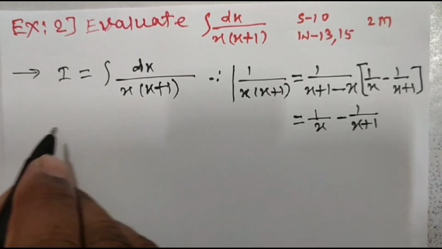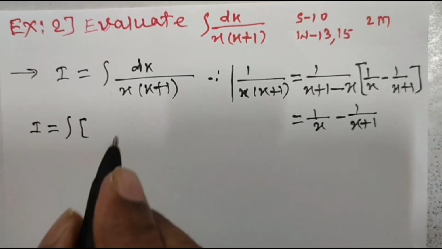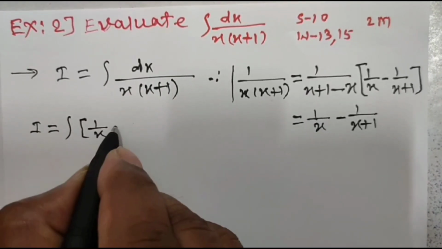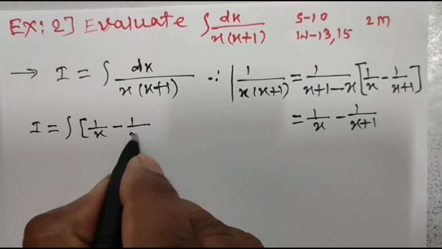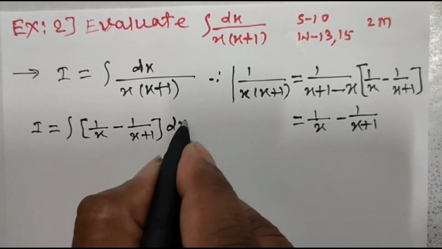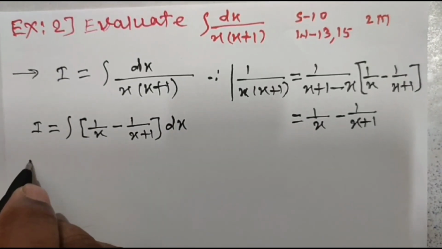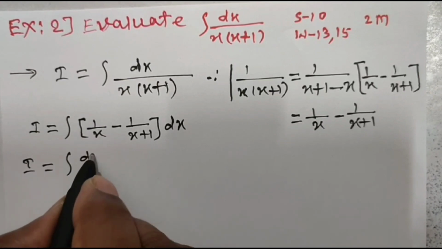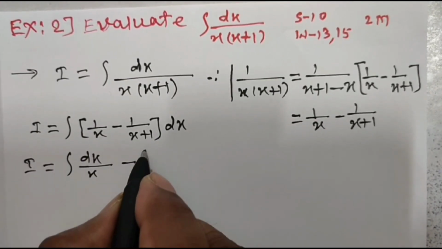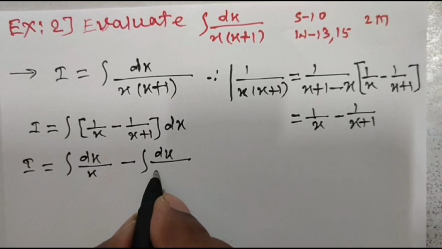Hence I is equal to, we can write integral of 1 upon x minus 1 upon x plus 1 integral with respect to x. Separate the integrals. I is equal to dx divided by x minus integral of dx divided by x plus 1.